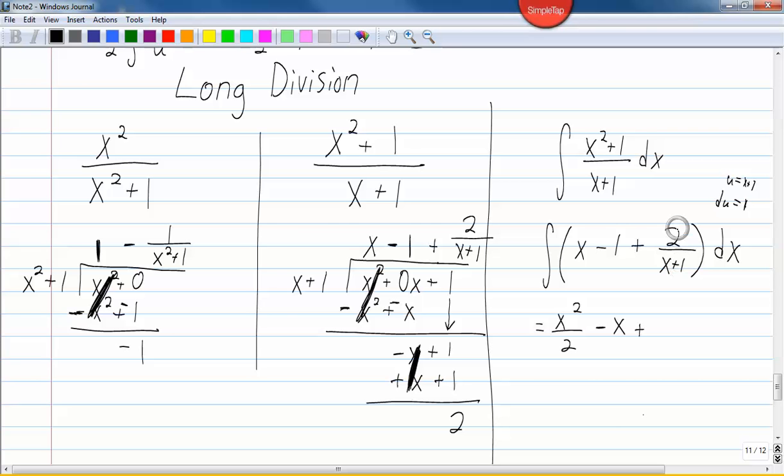So this can be written as 1 over u du. Alright? So that's going to be 2 times the natural log, the absolute value of x plus 1, plus c. And remember, you can always take your answer, take the derivative of that, and it's equal to your integrand.